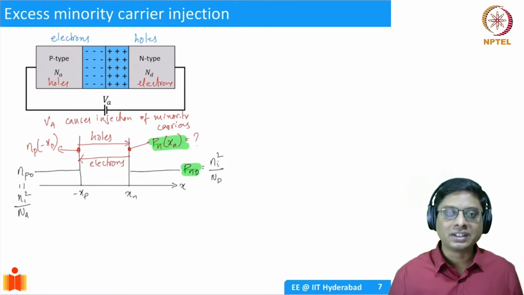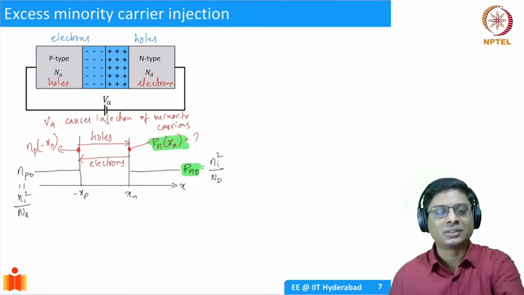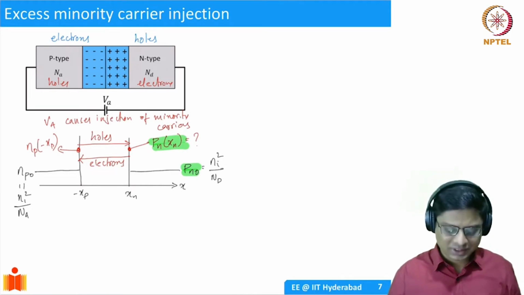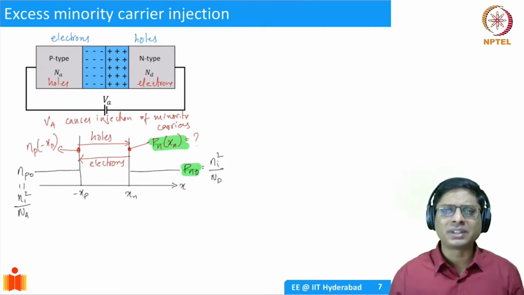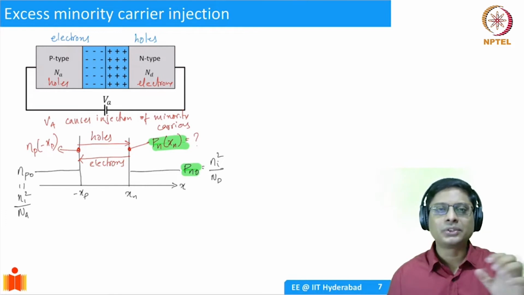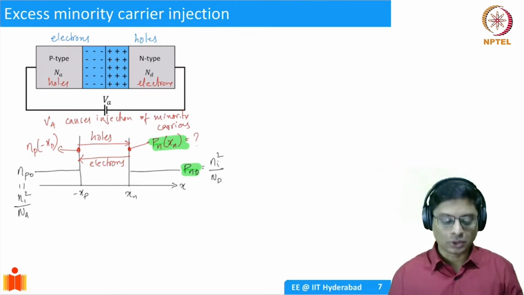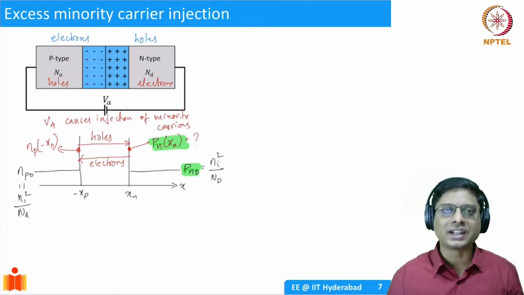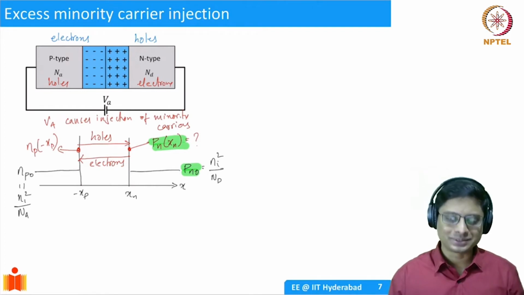It can be 10 power 16, and then we are injecting into the other side of the barrier. And we saw the barrier width was about 1 micron or so. That was a typical number I said. So we are easily injecting holes into the N side. We are putting in too many minority carriers. So what happens? How do we determine this?